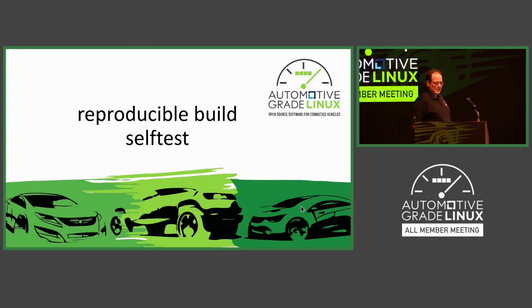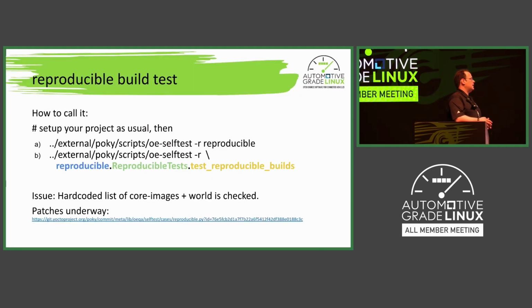So let's take a look at the reproducible build self-test. In principle, you would set up your project in the same way as you do for a local build. So you call either AGL setup, in the case of AGL, or you call oe-init-build-env if it's a plain Yocto Project.